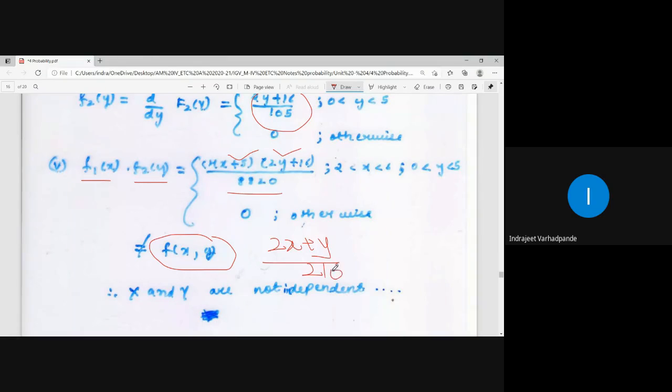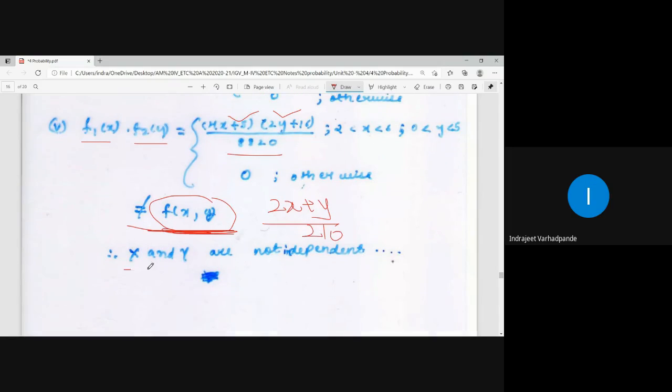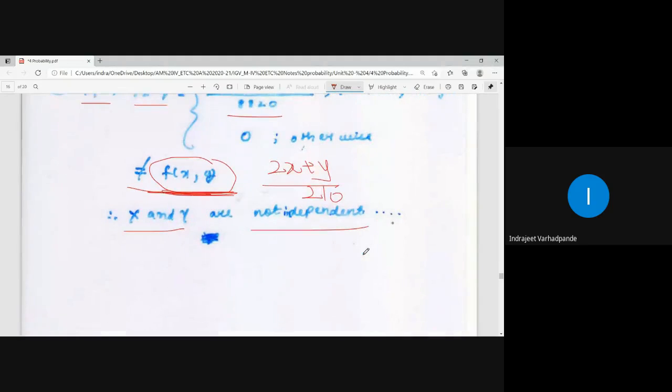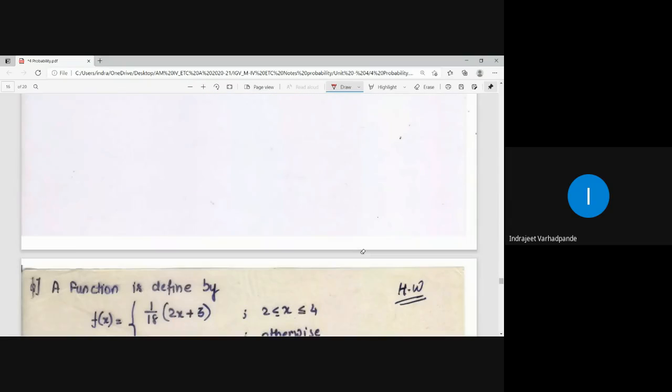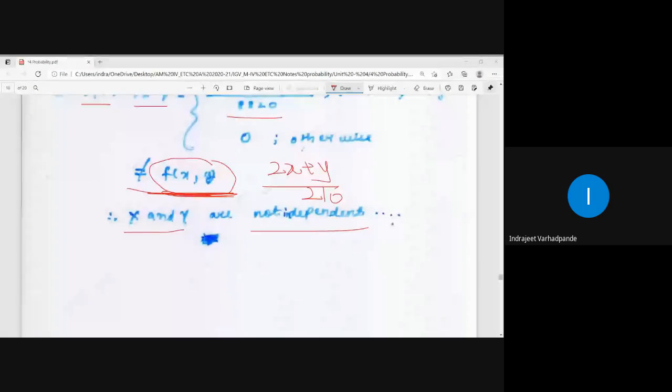So in this case, the product of marginal density function of x and marginal density function of y is not equal to joint probability function. So x and y are not independent random variables. So in this example, we discussed how to calculate the value of c and how to calculate the marginal density function, marginal probability function.